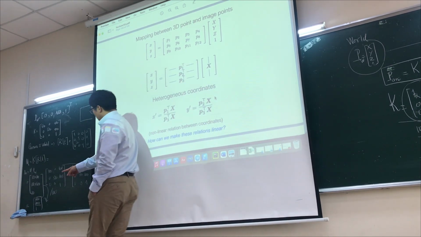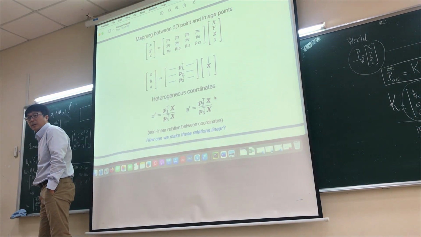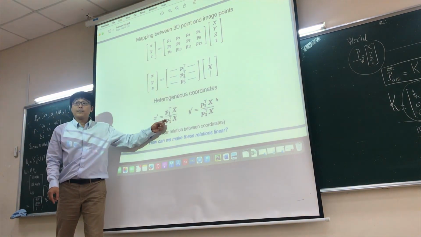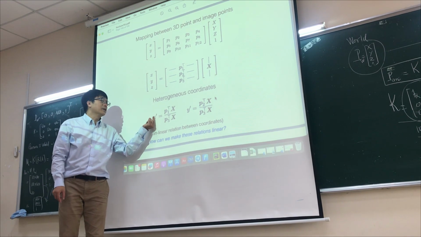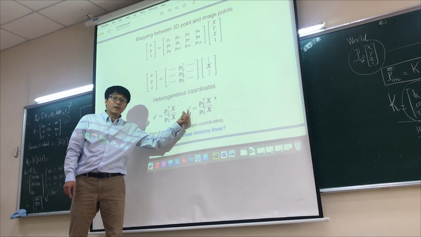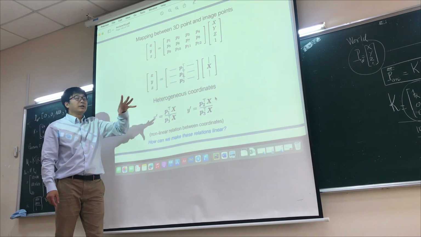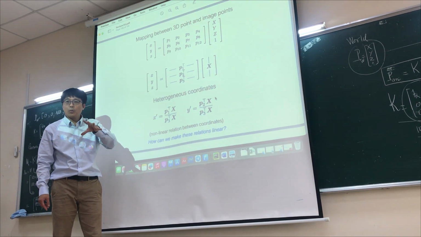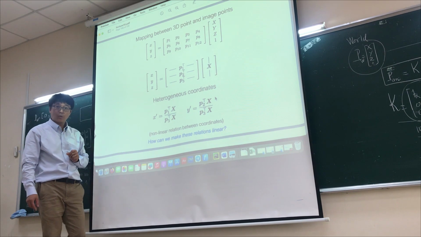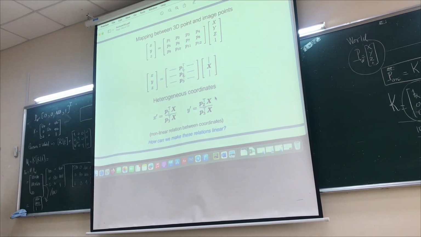You convert by dividing by the z component. So you get the point here in the image plane. And x, y, z here is in homogeneous coordinates, so you have to divide. Look at here, you divide.